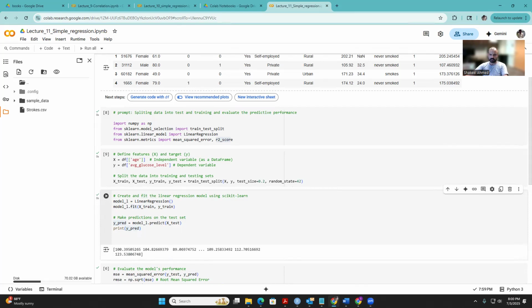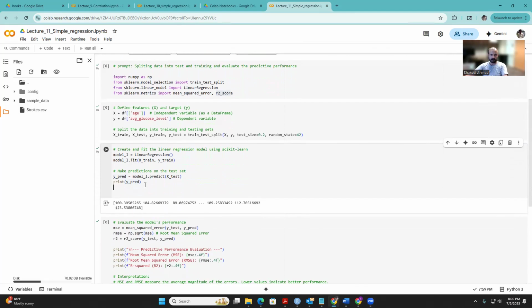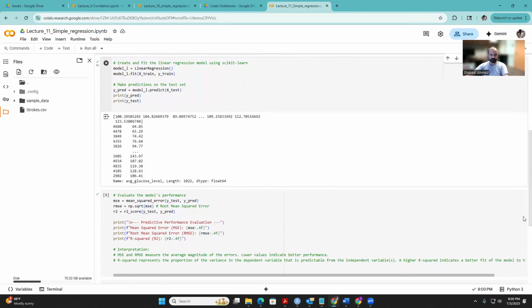These are the predicted values of y. You can just print them and see. So we have these two sets of observations, for y train and y test.